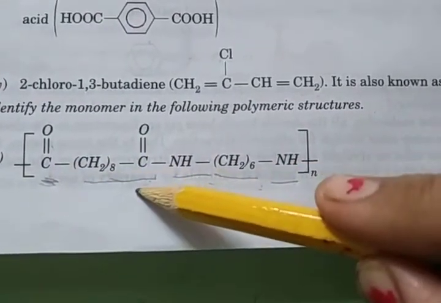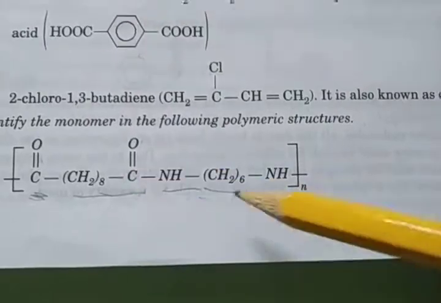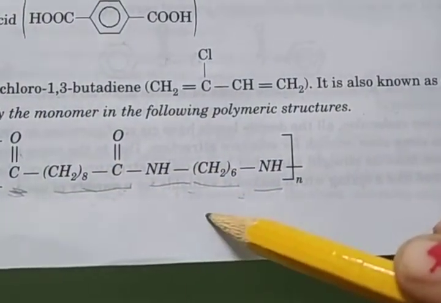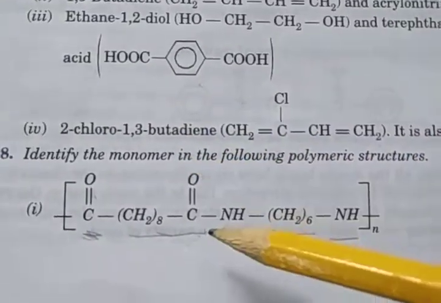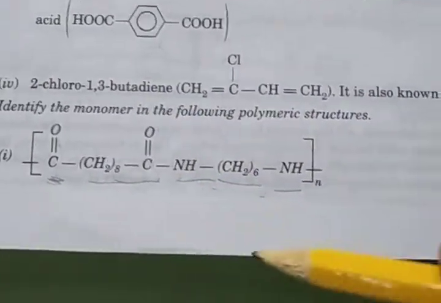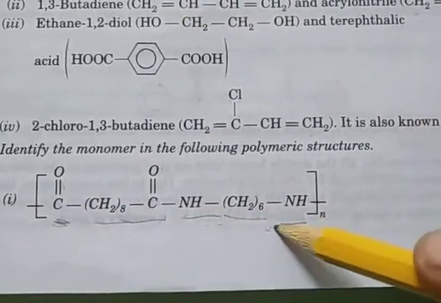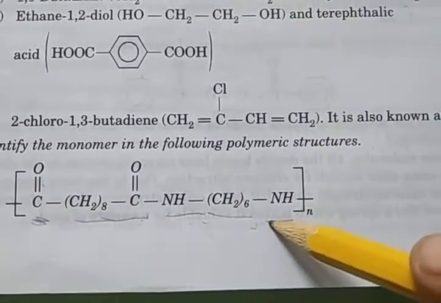So it is decanoic acid, and this one hexamethylene diamine, and both combine together to form the polymer. So two monomer units: decanoic acid and hexamethylene diamine.